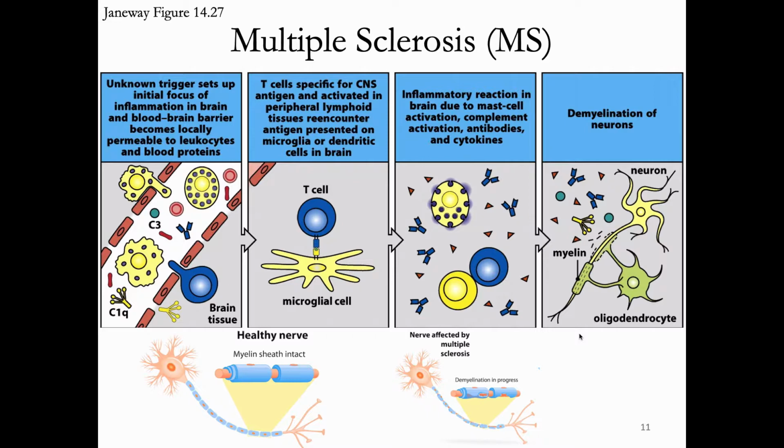And T cells go into the brain. In this case, T cells are going to be activated by antigens that are presented in the brain. And those T cells are going to specifically attack myelin, that myelin sheath, to lead to this demyelination.